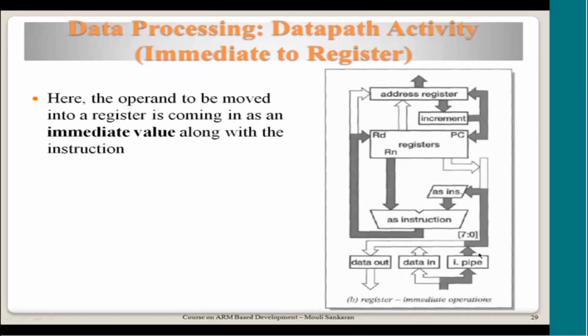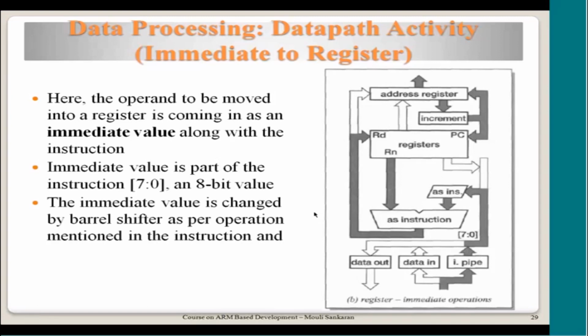So that immediate constant, which happens to be an 8-bit value encoded into the instruction, is required for the barrel shifter, and another operand is also taken from the register, and then the shift operation is performed on it, and it is moved back into the RD register mentioned in the instruction.